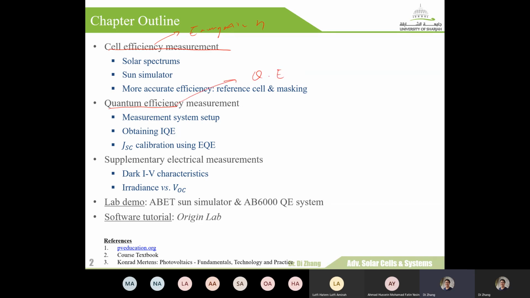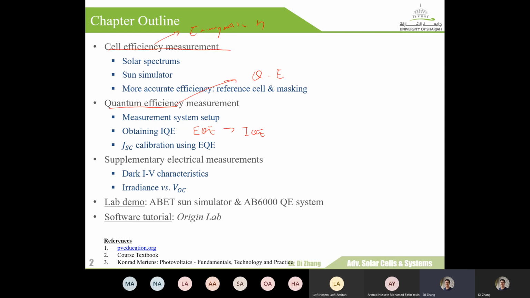If we want to do a quantum efficiency measurement, what are the requirements for the system setup? Then we're going to show you how to go from external quantum efficiency to internal quantum efficiency, because we covered both quantum efficiencies in the last chapter.